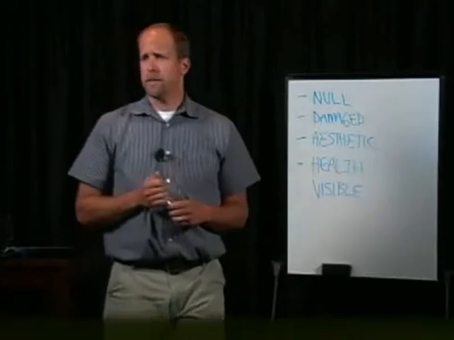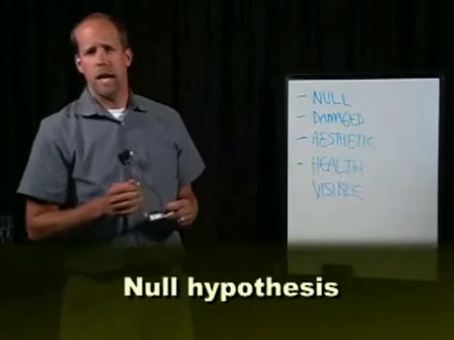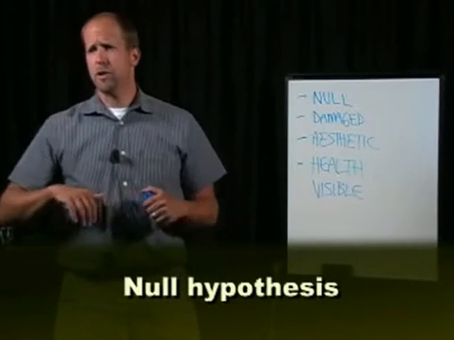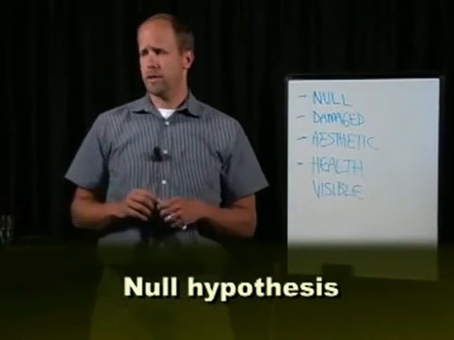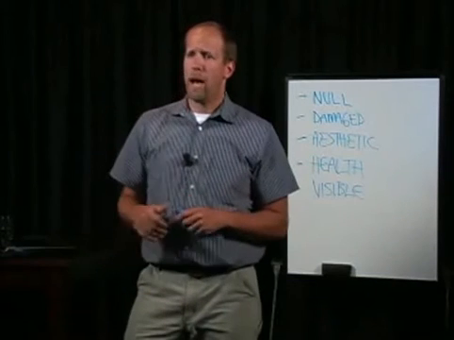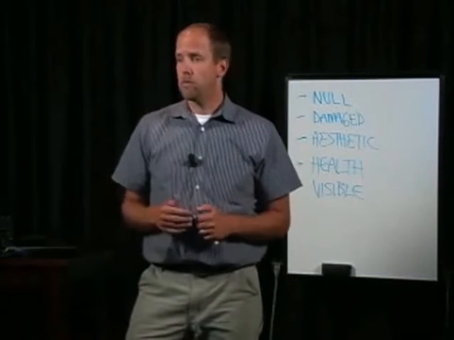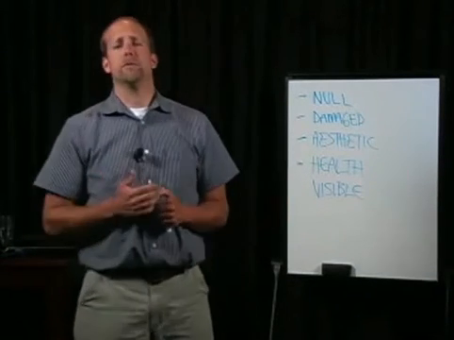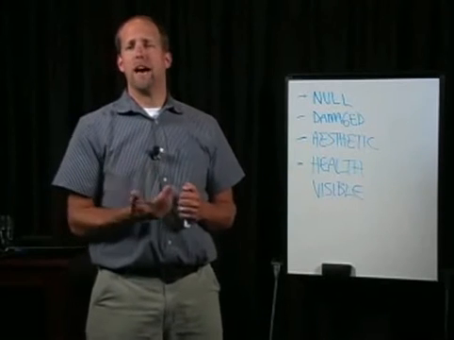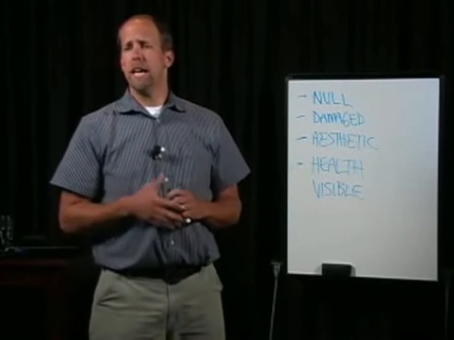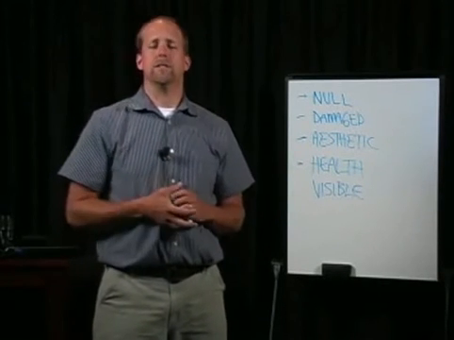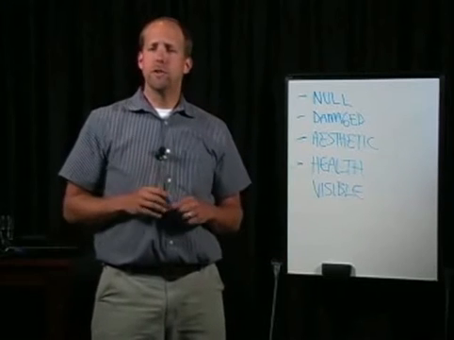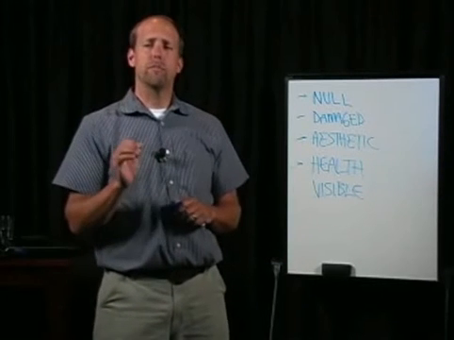Null hypothesis. Ideally, an inspector should approach a mold inspection without bias towards finding mold. It is reasonable to assume that a building does not have a mold growth problem. If the client does not have any concerns, then the inspector should assume that there are no mold growth problems in the building.